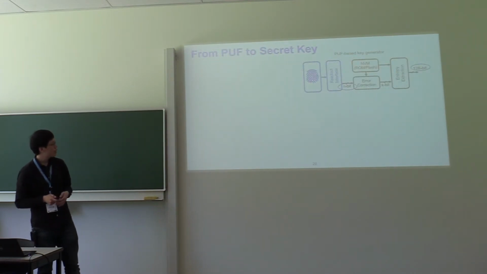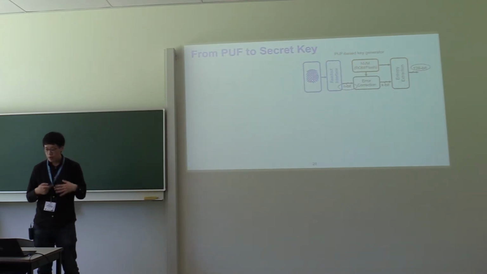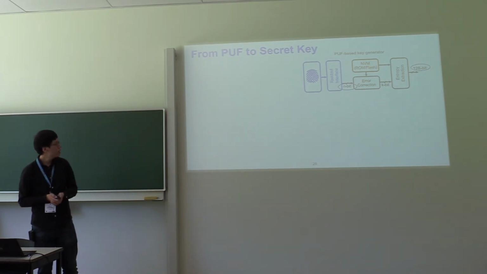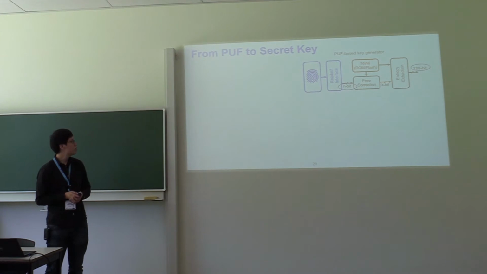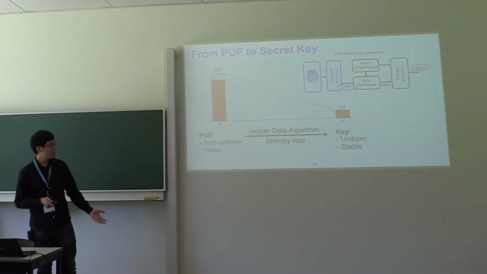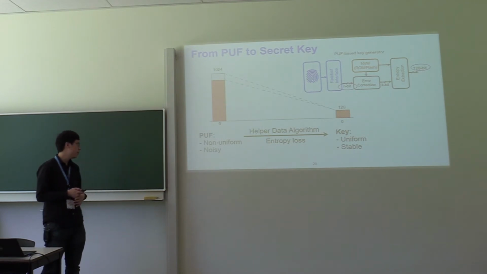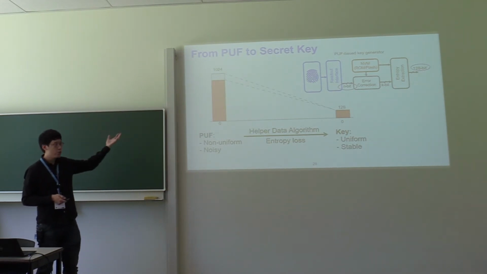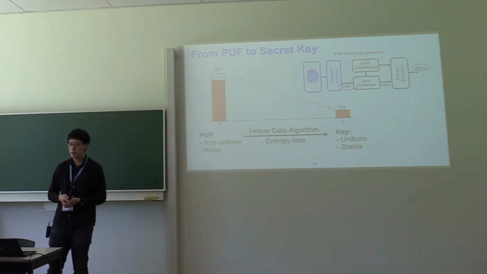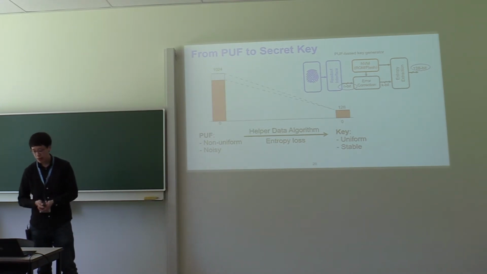And so again, how we go from the path to a secret key, as we mentioned previously, you have a result from n bits to 128 bits of secret key. So from the start we have a path with not full entropy, but based on the Herbert data algorithm, we do error correction and entropy extraction.